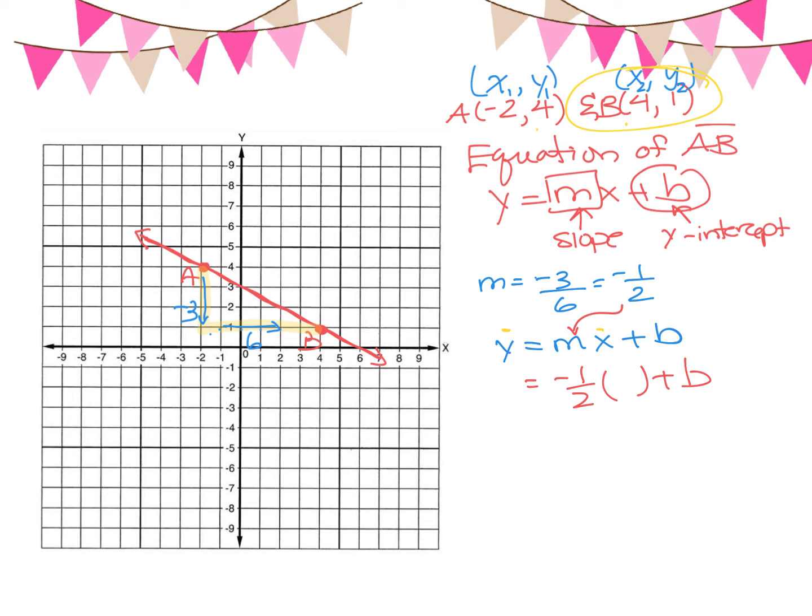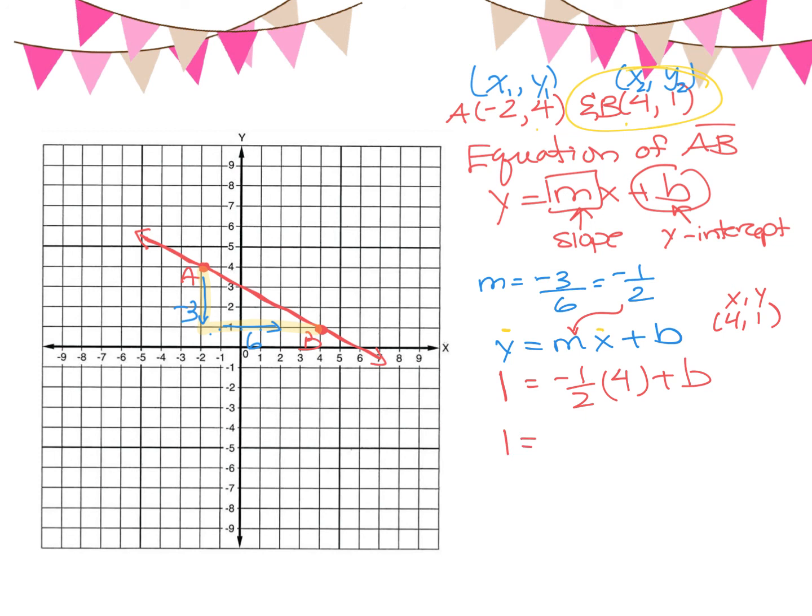All right, so let's go back to here. I'm picking (4, 1), so my y is 1 and my x is 4. So that's x, y. Now we're multiplying half of 4.